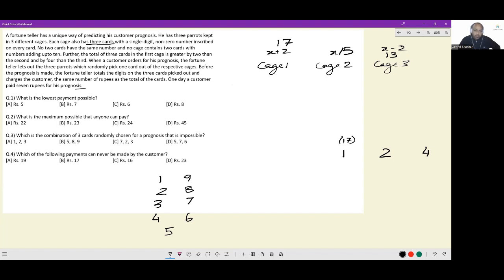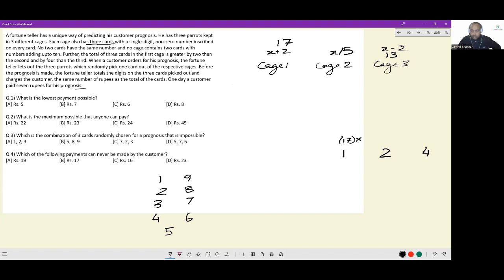And there is no other group by which 2 cards can be taken from the rest of the cards to make 16. So the group that has 1 cannot add up to 17.